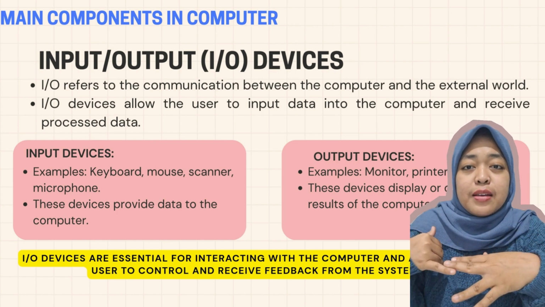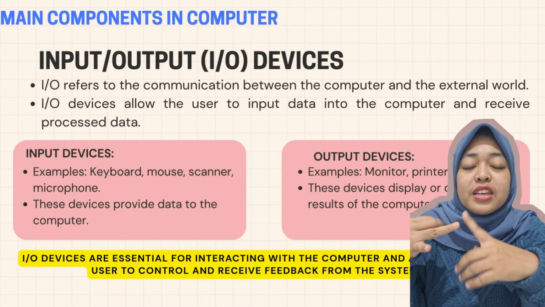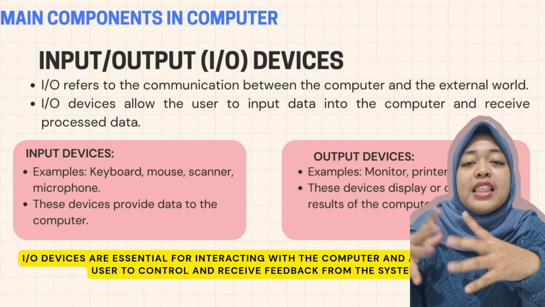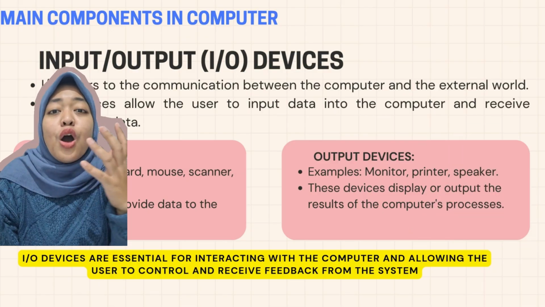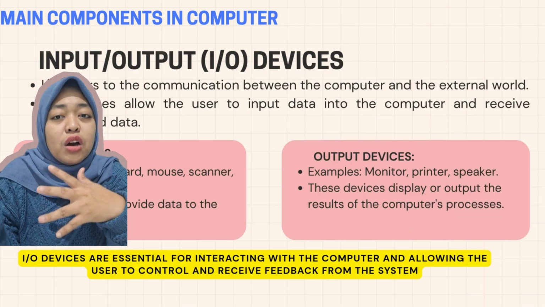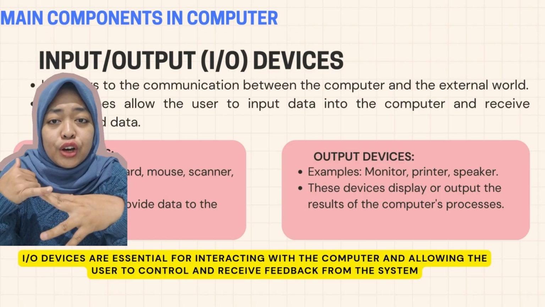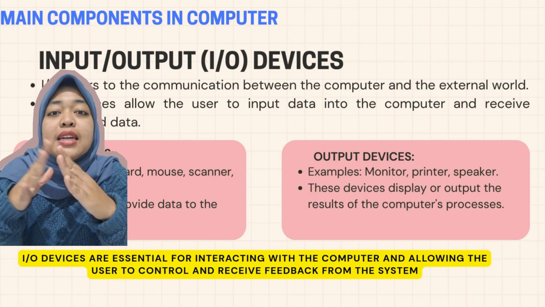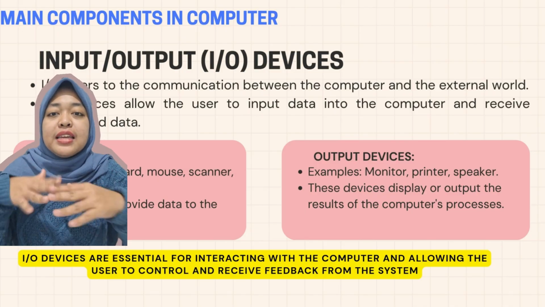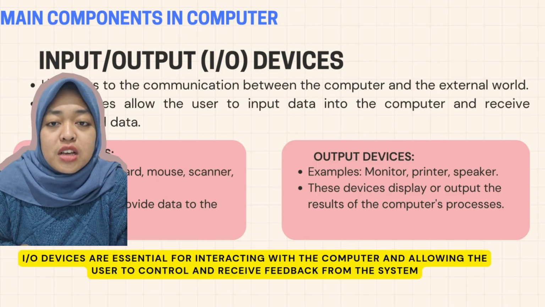Input devices include examples like the keyboard, mouse, scanner, and microphone. These devices provide data to the computer. Output devices, on the other hand, include the monitor, printer, and speaker. These devices display or play back the results of the computer's processes.